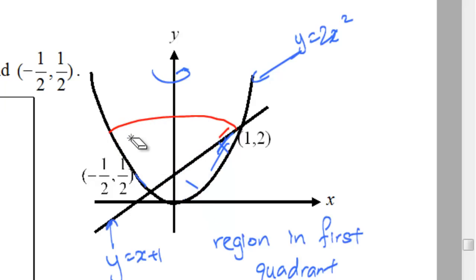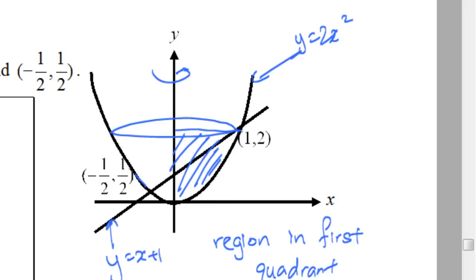To get the volume of the big solid, we need to consider a horizontal circular disc like that. We need to sum up the volume of circular discs like that, and the radius of each circular disc is given by x.